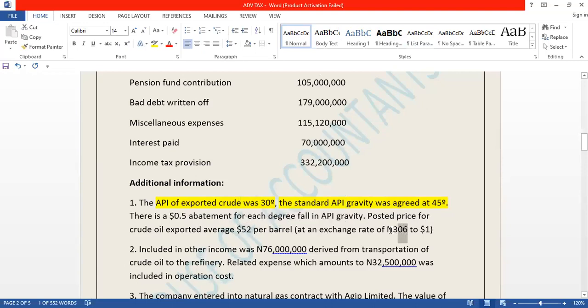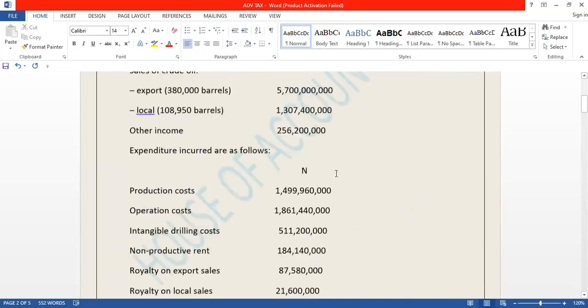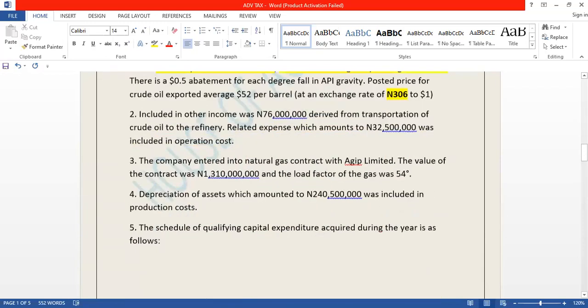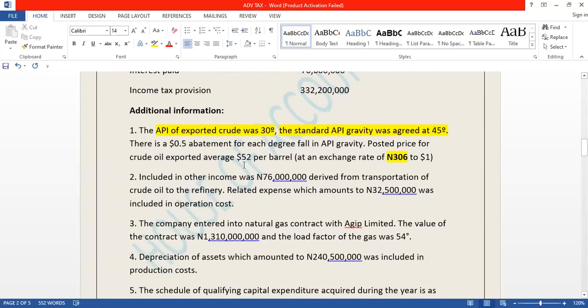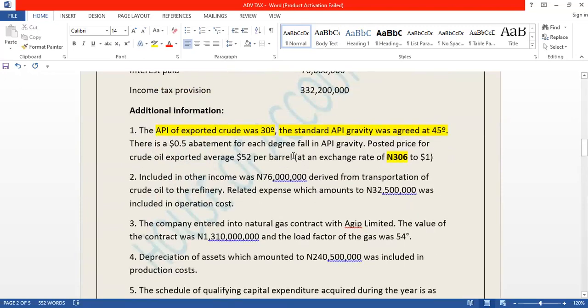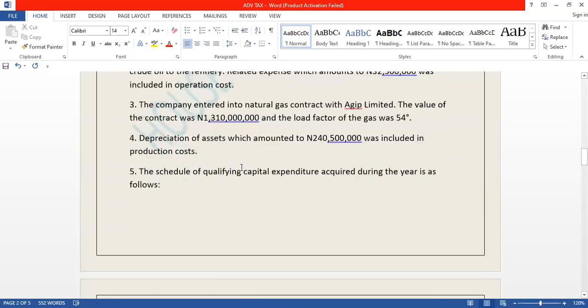We have the dollar rate already, which we are going to convert, because the amounts we are looking at here are all in naira currency. So we need to convert all these figures in dollar to naira. Don't forget, the standard API here is 45 degrees, while the actual is 30 degrees.